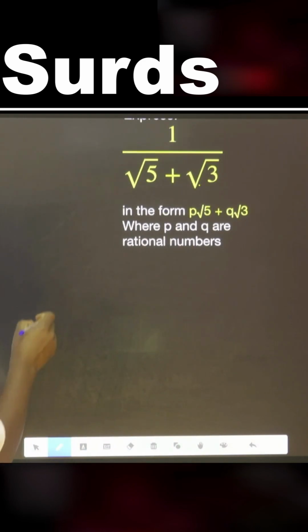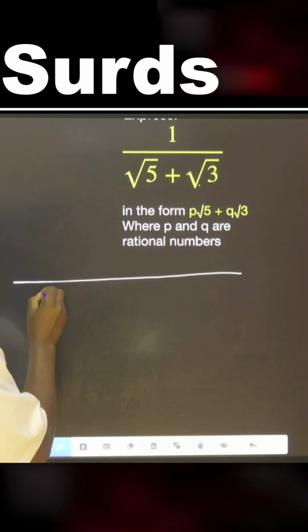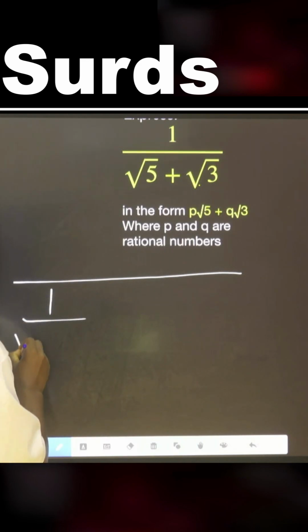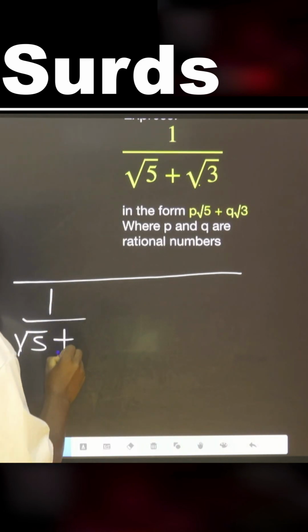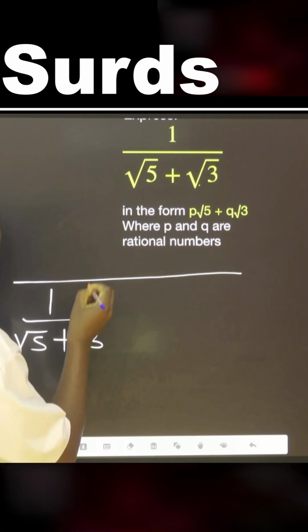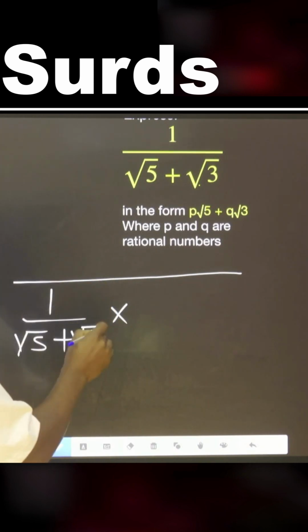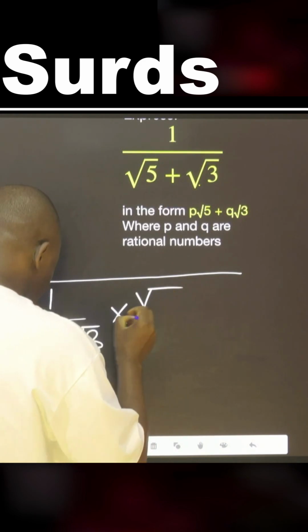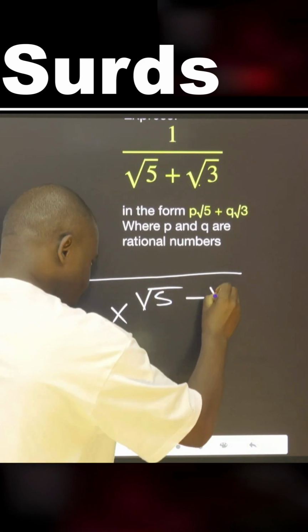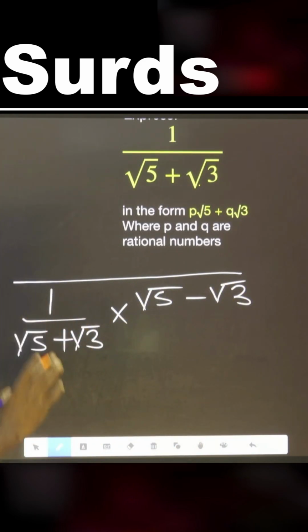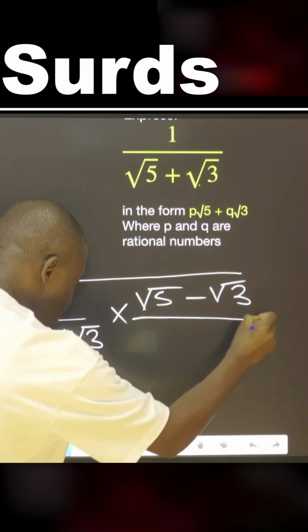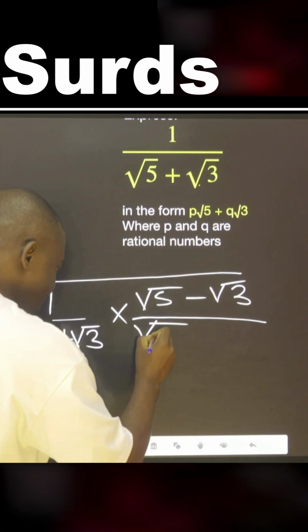So this is the question: 1 over the square root of 5 plus the square root of 3. You multiply the numerator by the conjugate of the denominator. This is the conjugate. That is, everything here is the same, but you change this one to minus. You also divide it by the same thing.